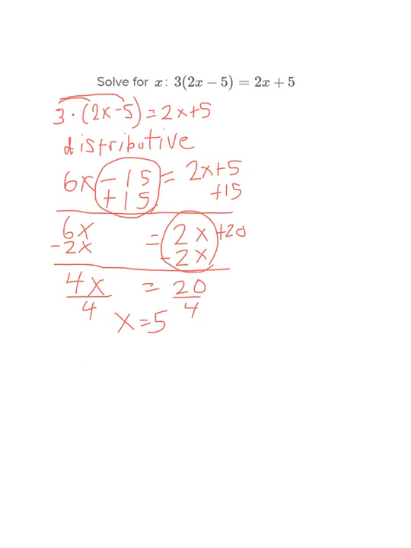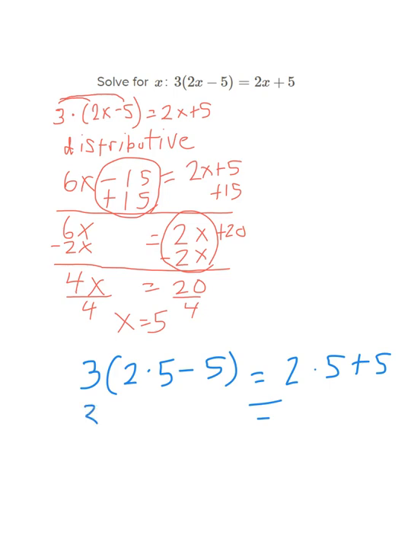So let's see, I have 3 times 2 times 5 minus 5 equals 2 times 5 plus 5. Well, let's work on the left-hand side first. I have 3, and this much right here, 2 times 5 is 10.